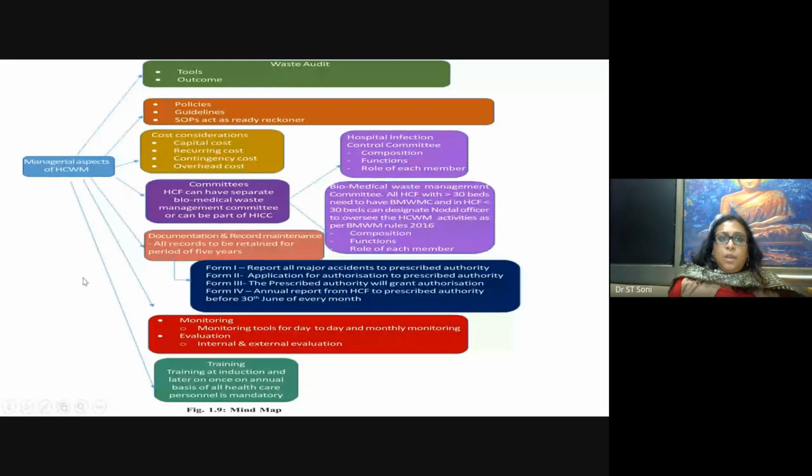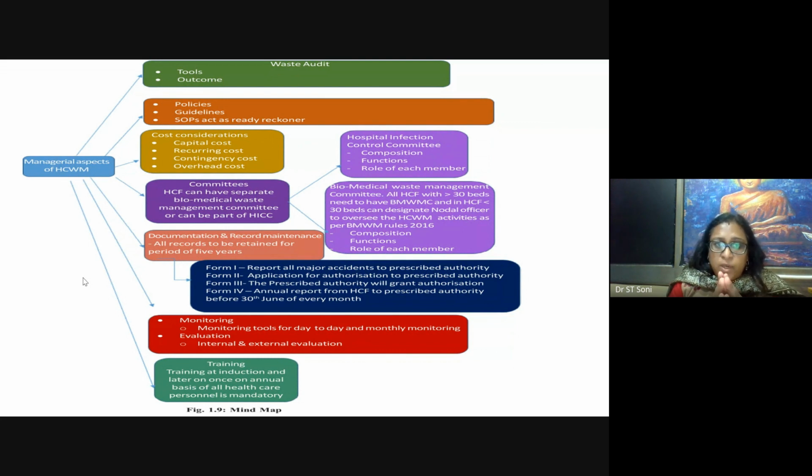Okay. So, the managerial aspect: as we all know, biomedical waste management, when we deal with it, is not the responsibility of the head of the organization. It is the whole and sole responsibility of all the healthcare professionals who are dealing with it.